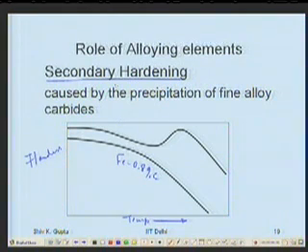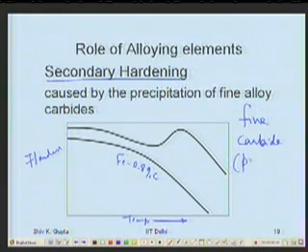But when the alloying additions are present, I get another, not only decrease due to the tempering process, but there is an increase because of the formation of very fine carbide. Which I call precipitation process. Carbide is coming out from the matrix as a second phase.